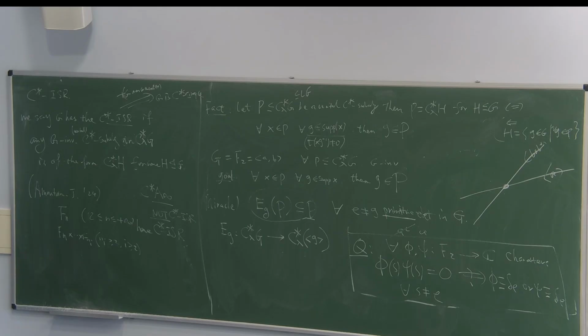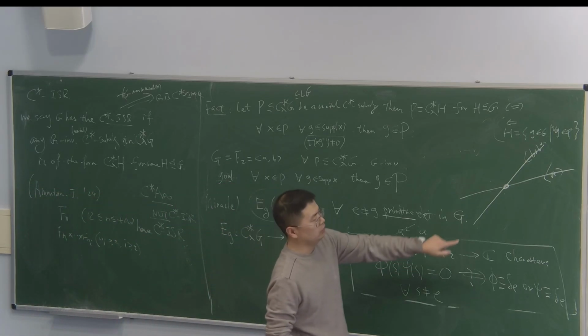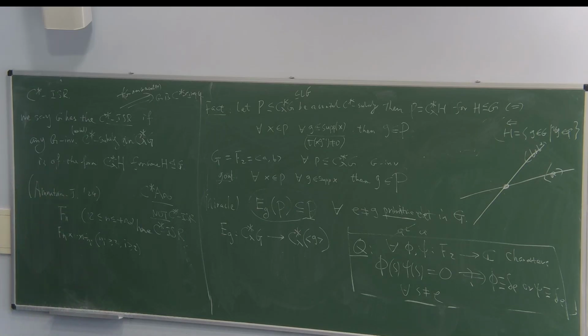In fact, to check various groups have this ISR property, we don't have a unified approach. If this is true, this approach can unify the proof for F2 and SL3C. I think there should be a counterexample for the free group.